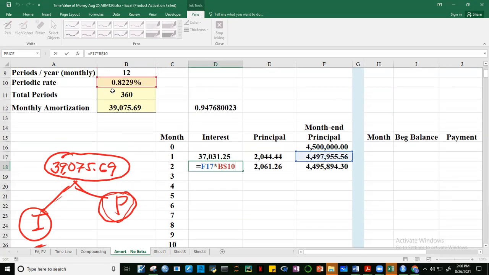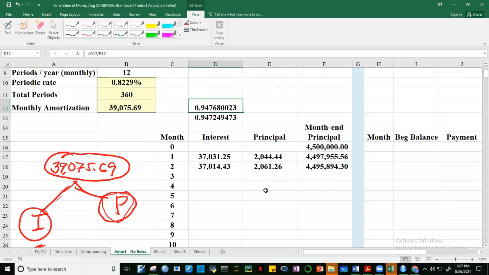Eh since fixed naman tong 0.8229, tapos lumiliit yung ending principal balance natin. So liliit yung interest natin compared to the previous months. Okay? So ngayon, kung i-compute natin yung percentage is equal to this one divided by this one. Okay, it's still 94%, 94.72, ito 94.76.